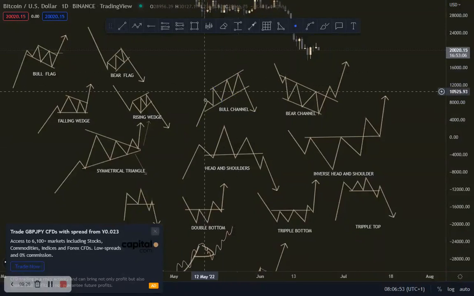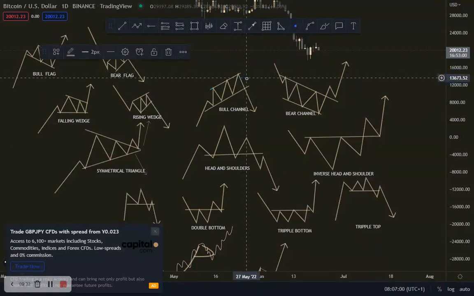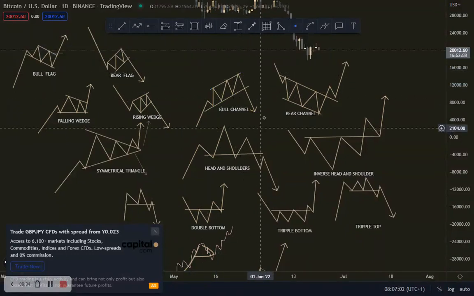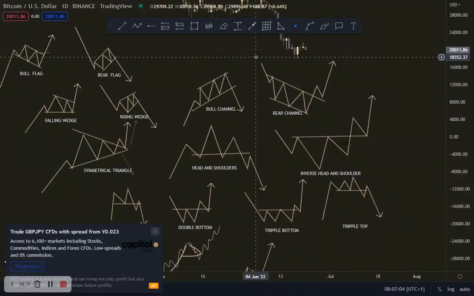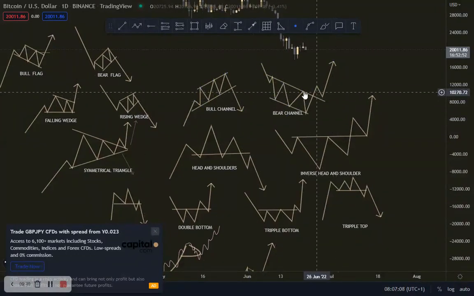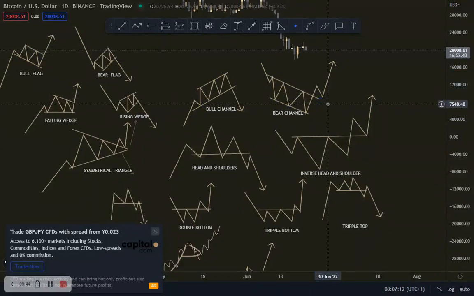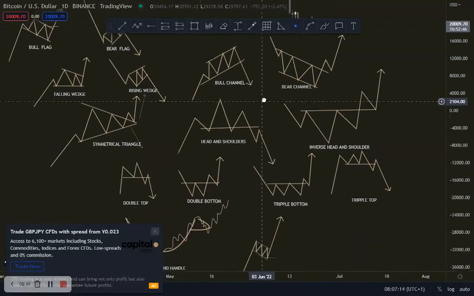This indicates that price has a high probability of switching from uptrend to downtrend, and this is the opposite of this: high probability of switching from downtrend to uptrend. And how do you trade this? You wait for price to break the trend line before you take your trade.